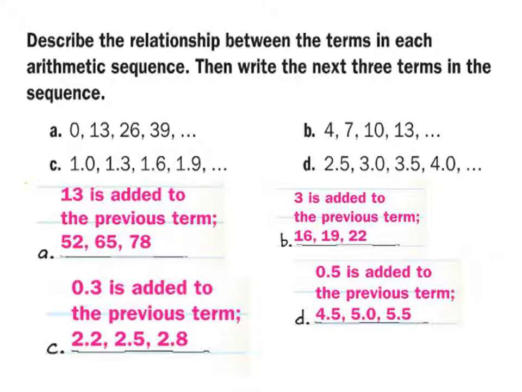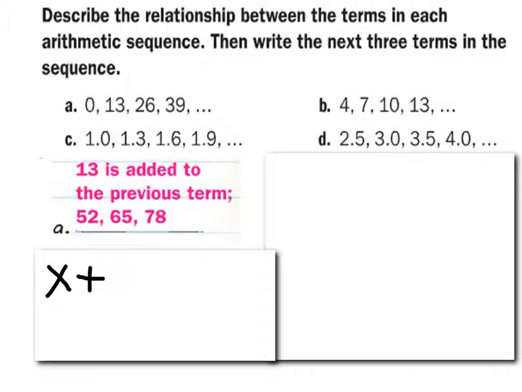We know that each time we said, for example, that for A, you add 13 every time, okay? What you need to do is find the expression for A. Okay? Go back to A. So turn to page 358 and find the expression you need for A. X plus 13.